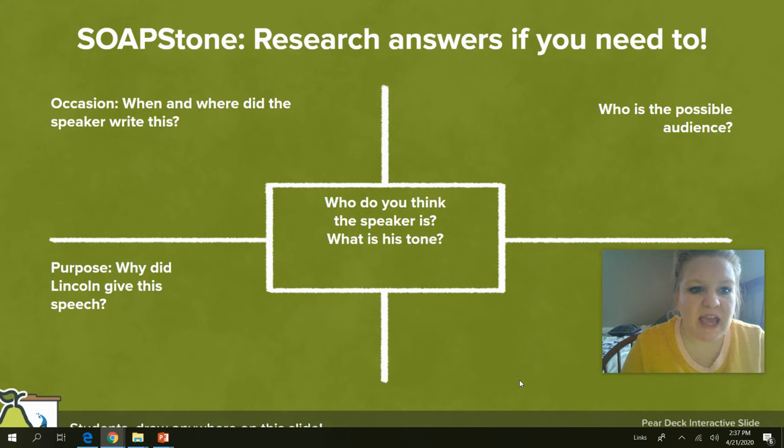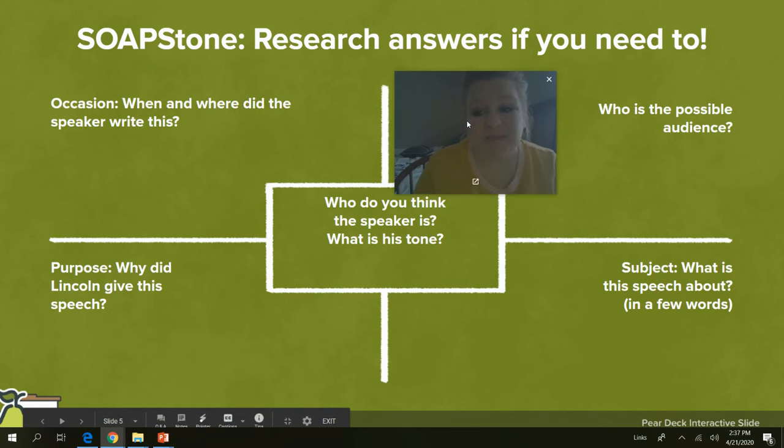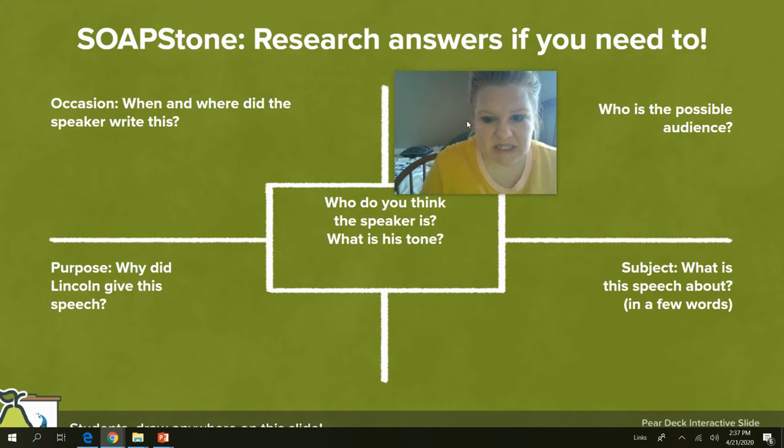So the occasion, when and where did the speaker write this? The purpose, why did Lincoln give this speech? Gave you a little answer there. Who is the possible audience? And then what is this speech about? Just in a few words. It doesn't have to be a complete sentence.